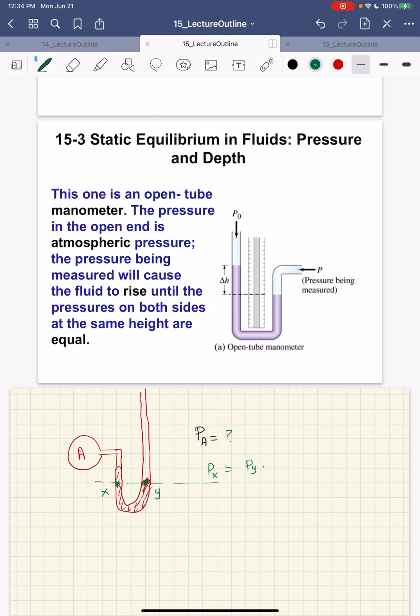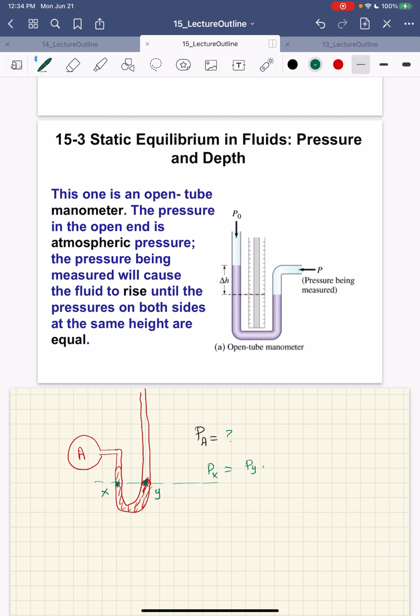Again, the pressure at X equals the pressure at Y. The pressure at X is just the pressure from the fluid, and the pressure at Y is going to be rho g h, the new h, plus the atmospheric pressure. Then in this case, the pressure of that fluid B is more than the atmospheric pressure.